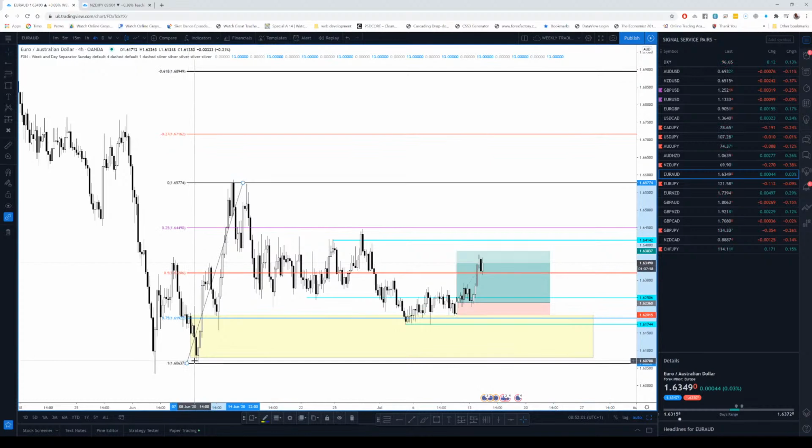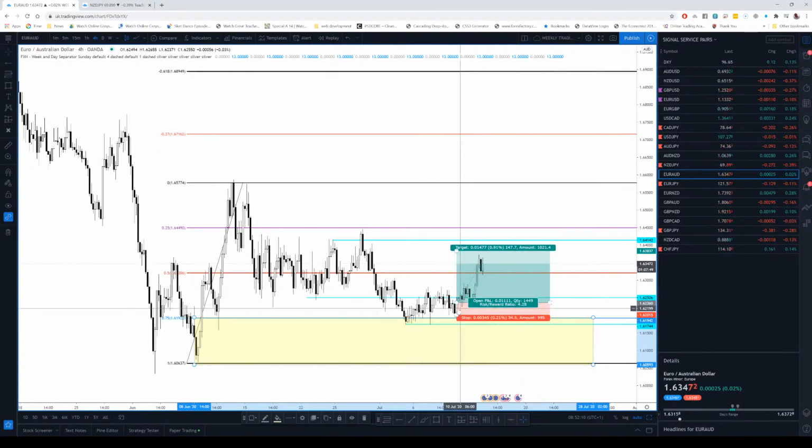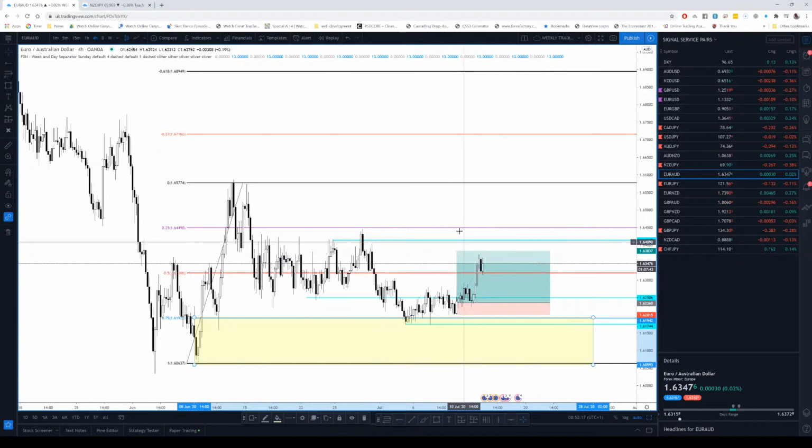We did give a bounce, and we're trading at that rejection candle that I look for. So that's why I would have bought it, but it's just flown away.